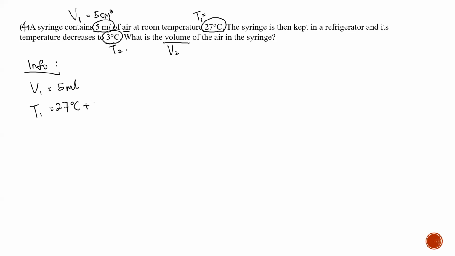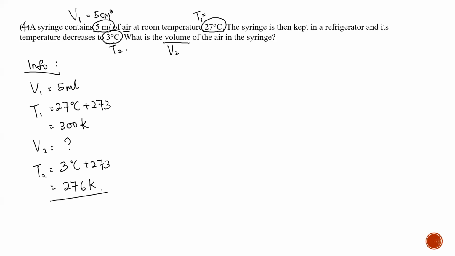Don't forget to change to Kelvin: 27 plus 273 means 300 Kelvin. So V2 equals, we don't know, let it be. Then the second temperature would be 3 degrees Celsius plus 273, and we will get 276 Kelvin.